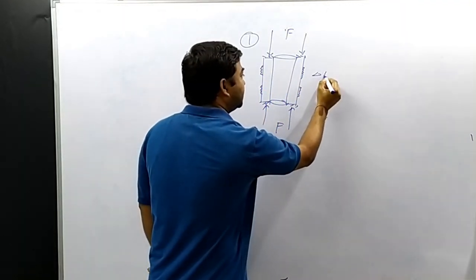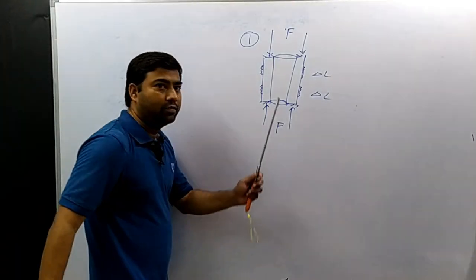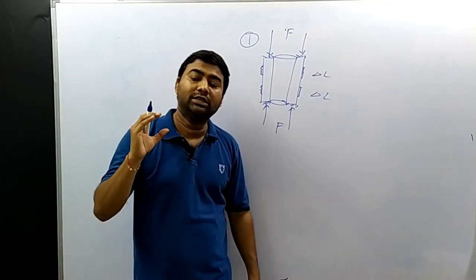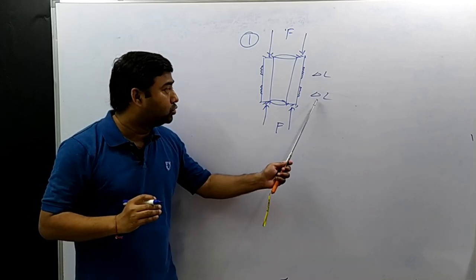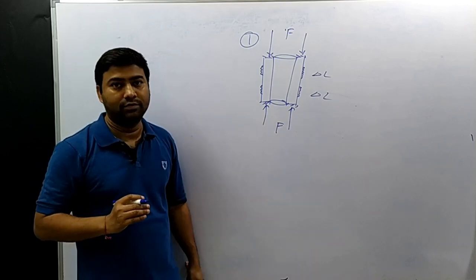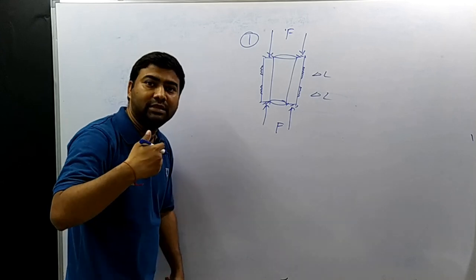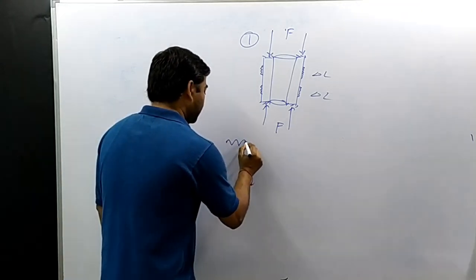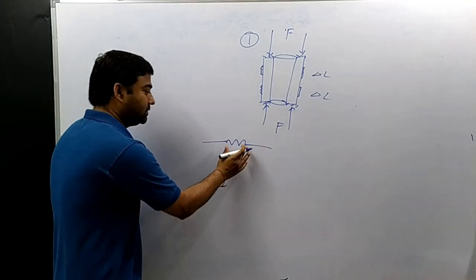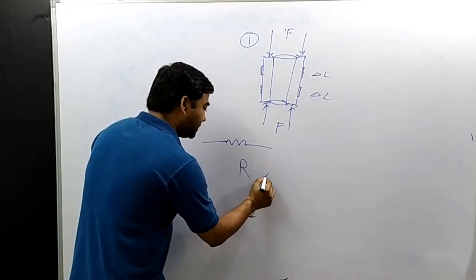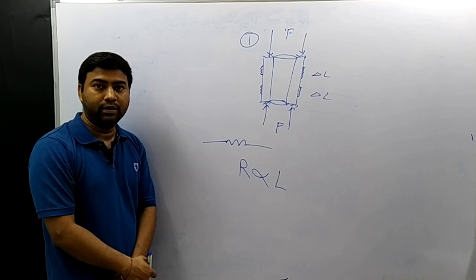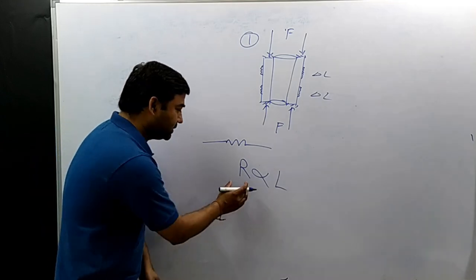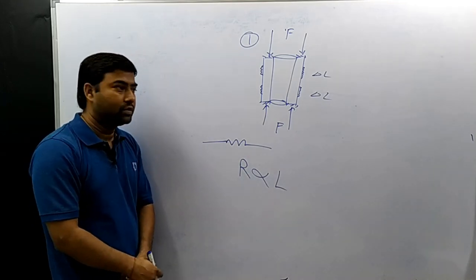Their length will change, delta L. Length of these wires, which are called strain gauges, will change. To detect the change in length, we measure the electrical resistance of this wire. We know electrical resistance of a wire is proportional to L, that is length of wire. When length of wire changes, resistance is also changed.